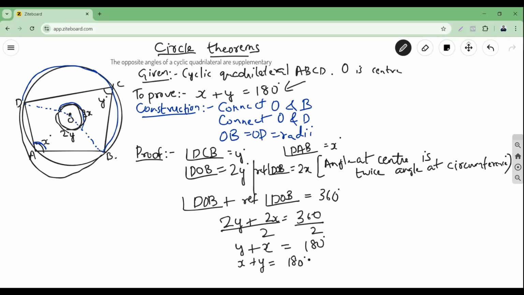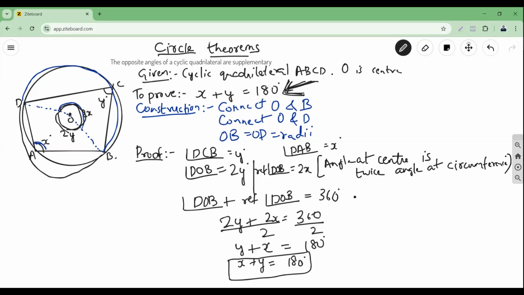And that is why it's very important to write these steps: given, to prove, construction, proof. Because once we have arrived at a certain thing, you will know that you have arrived because you have defined the destination. The destination is this part here that we mentioned. So in the process of proving, if you have reached the destination, you will come to know and you can stop your proof, right?